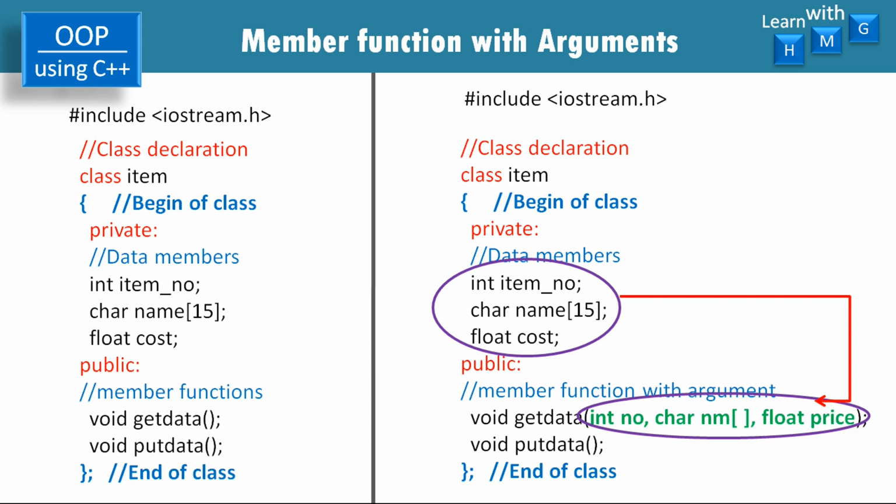On the left side is the get data function without arguments, and the same get data function is declared with arguments on the right side. In this way you can easily compare the two types of member functions: one without arguments and the second with arguments.